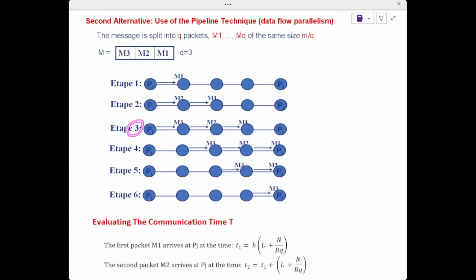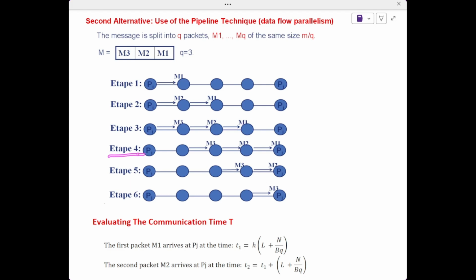In step 3, the third part of the message will be sent to the first hop also. At the same time, the second part of the message will be sent to the second hop, and the first part of the message will be sent to the third hop.